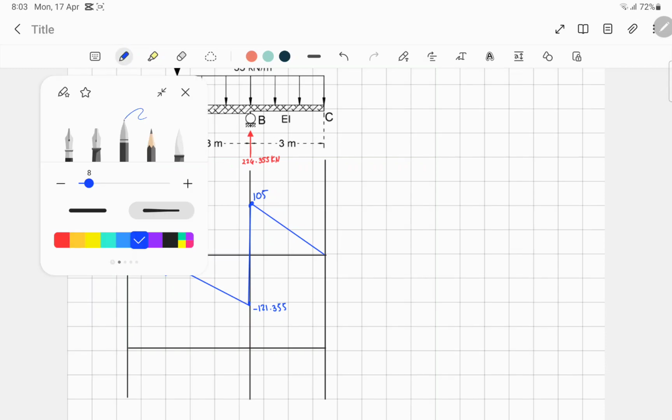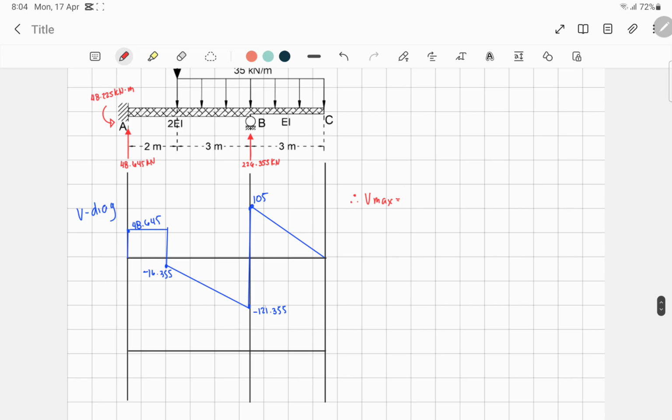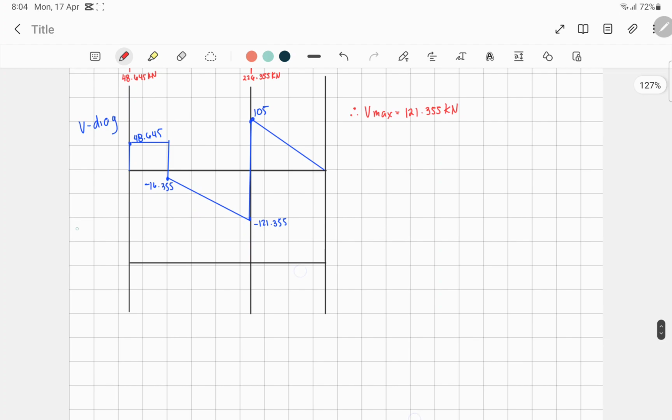So, just by looking, ang maximum shear natin should be equal to this here. Pinakamataas sa kanila, which is 121.355 kilonewton. Okay? Very basic, di ba? Very basic. And then, solving naman for the maximum moment, of course, gagawa ako ng moment diagram.